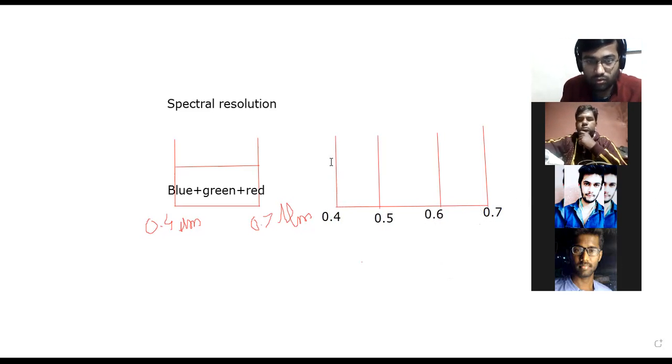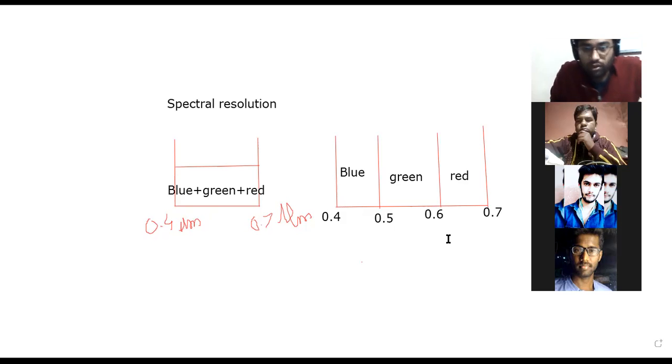Now the green and red bands are separated. With the help of high spectral resolution, if I am taking any photograph, then I will get a colored photograph. So with the help of high spectral resolution, I can obtain a colored photograph.